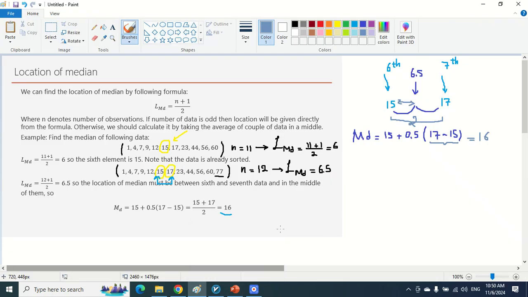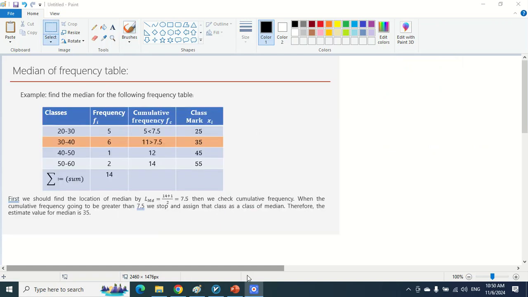other methods. So let us take a look at the case where we should calculate the median for a frequency table. If the frequency table is given, then to calculate the median we do the same thing. I remind you that when you have a frequency table like this, it is equal to talking about the raw data.